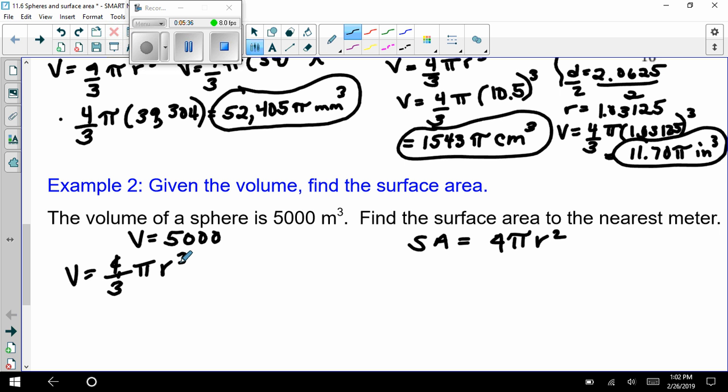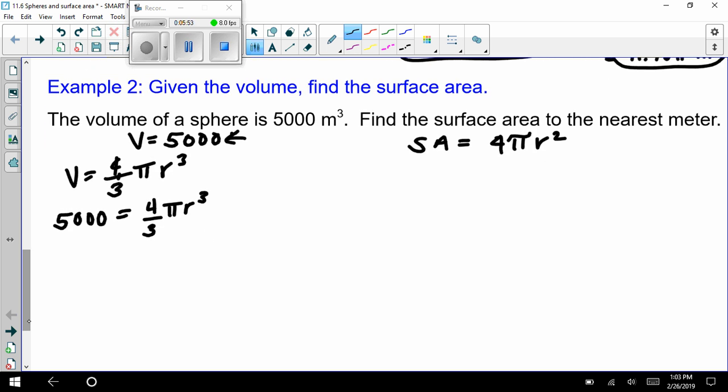Well, they don't give me a radius, but they do give me the volume. So I'm going to plug that in for V. So this would look like volume equals 4/3 pi r cubed. So this becomes an algebra problem where we're solving for r. Because if I can get my r, I can plug it in to the surface area problem.